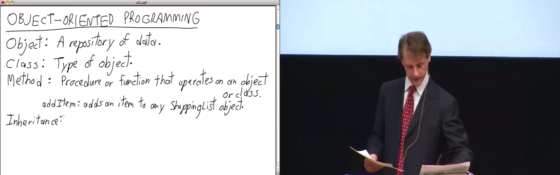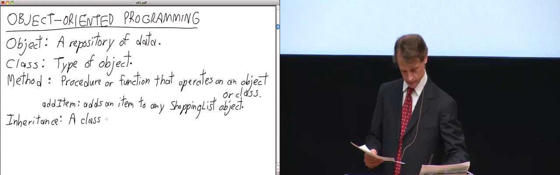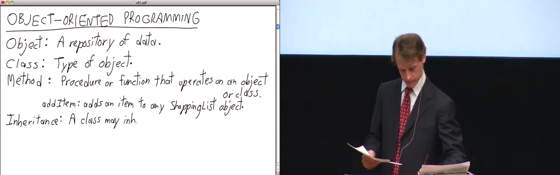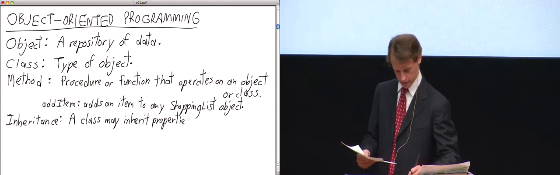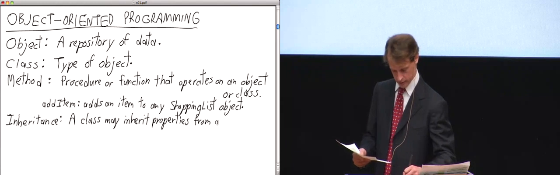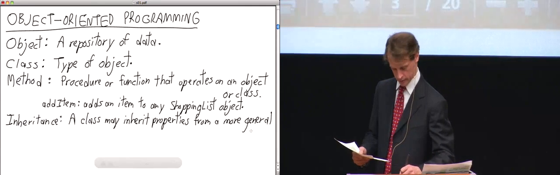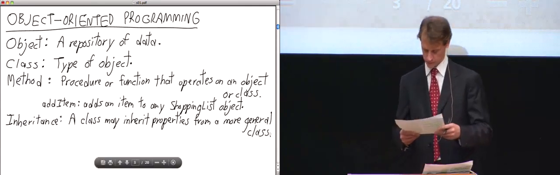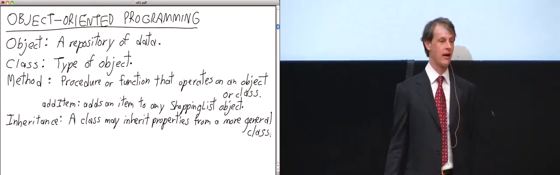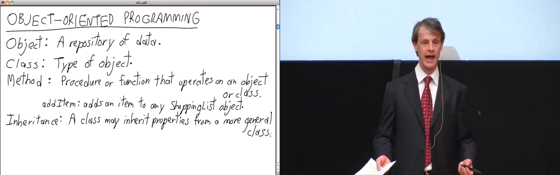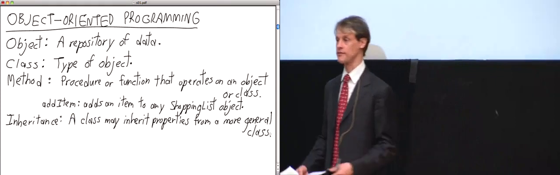And the idea of inheritance is that a class can inherit properties from another class. And the class you're inheriting from is usually considered to be the more general class. The inheriting class is usually considered to be a more particular, a more defined class.